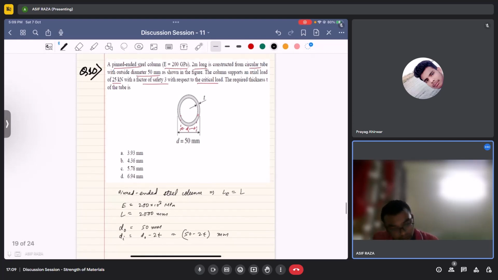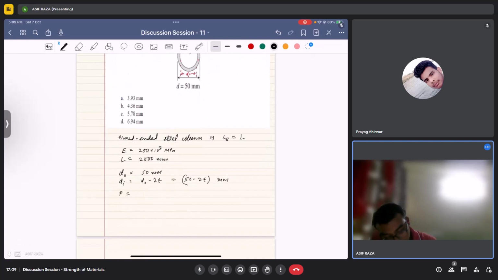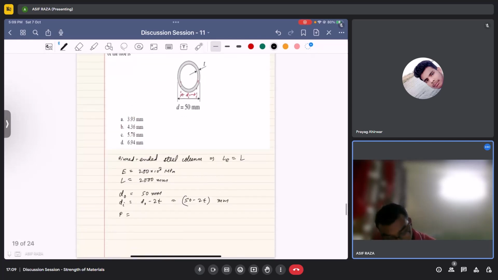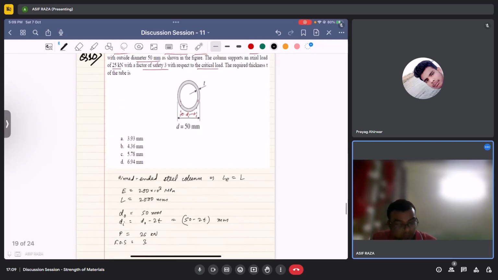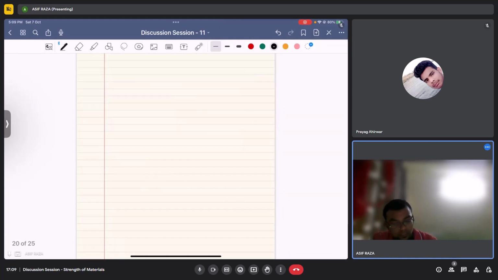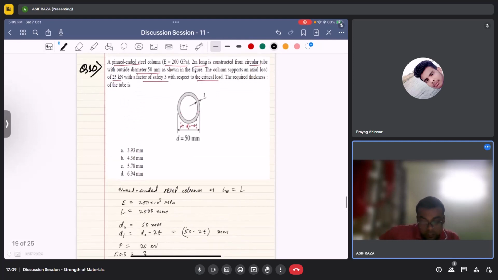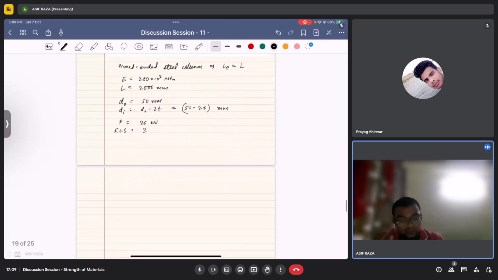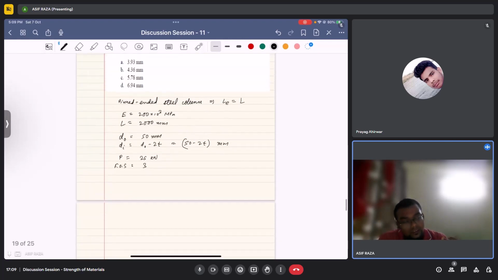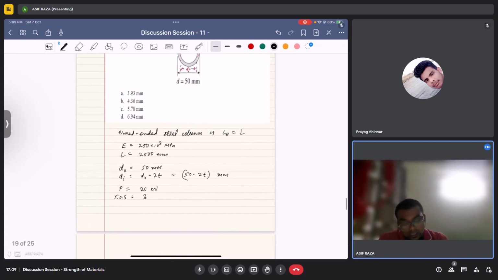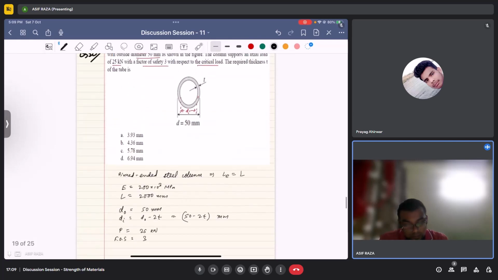What else? Given is the axial load of 25 kilonewton and the factor of safety is given to be 3 with respect to the critical load. As we know, the safe load is found by dividing the critical load by the factor of safety.